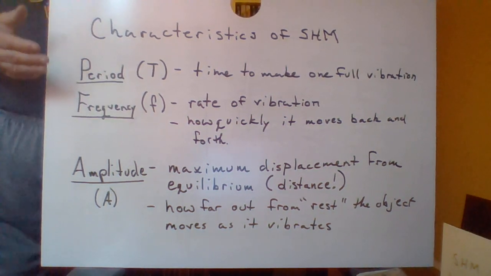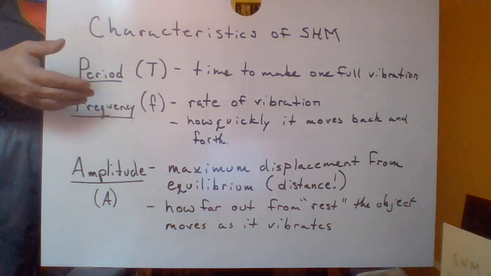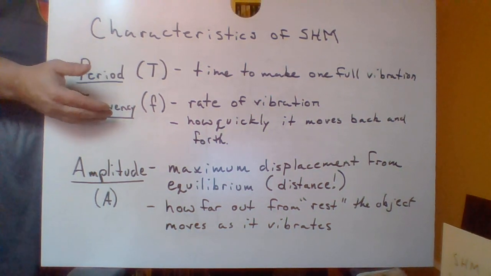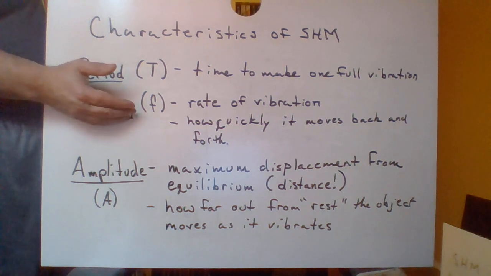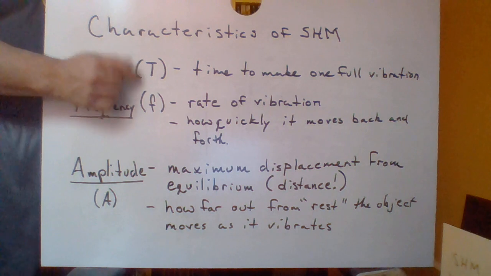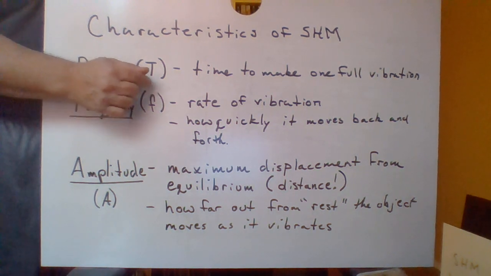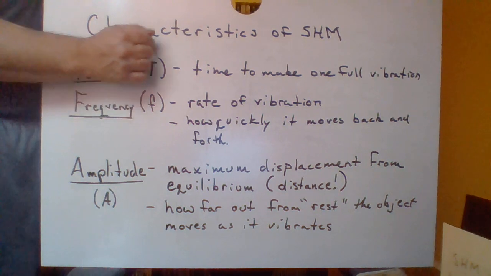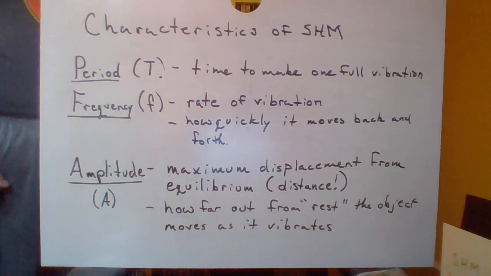And because of his contribution to our understanding of wave motion, specifically electromagnetic wave motion, we honor him by giving his name to frequency. So 1 hertz, H-E-R-T-Z, is equal to 1 vibration per second. All right?